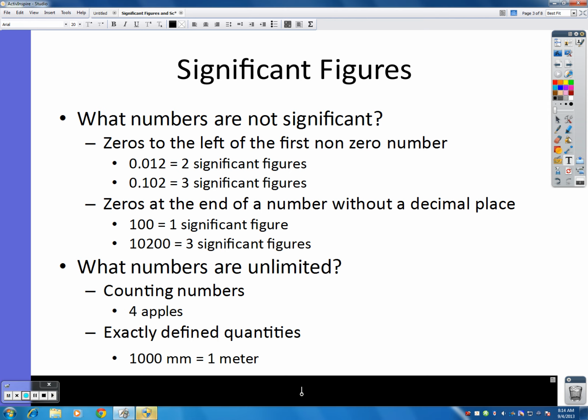The 2.54 is rounded, and so those numbers would be significant. You would say that there are 3 significant figures in that. I know that last part is a little confusing, but what I want you to take away from that is when we are mathematically using these numbers, don't worry about how many significant figures counting numbers or exactly defined quantities have.